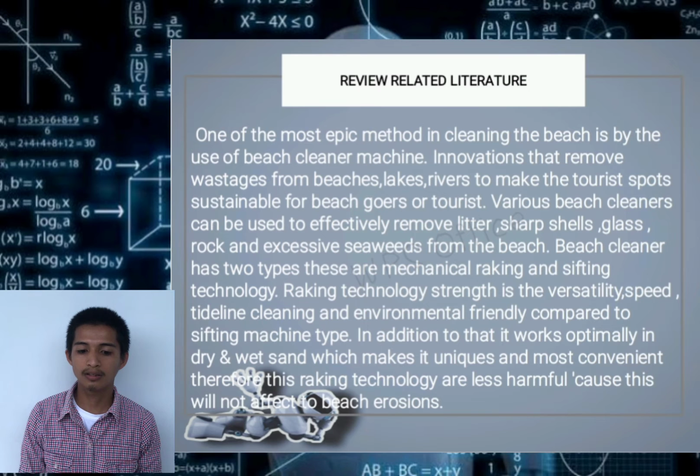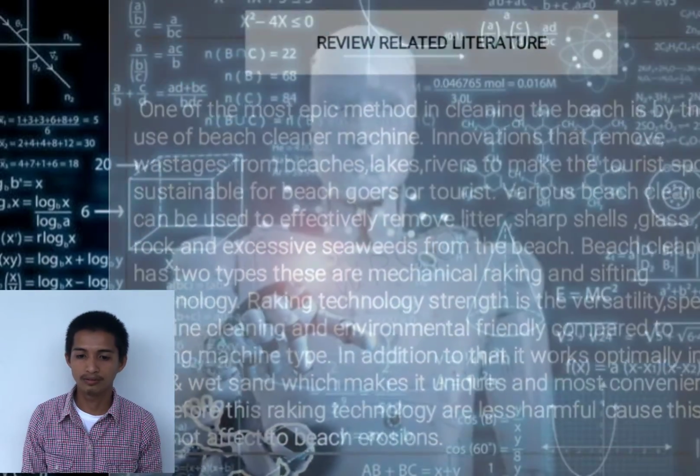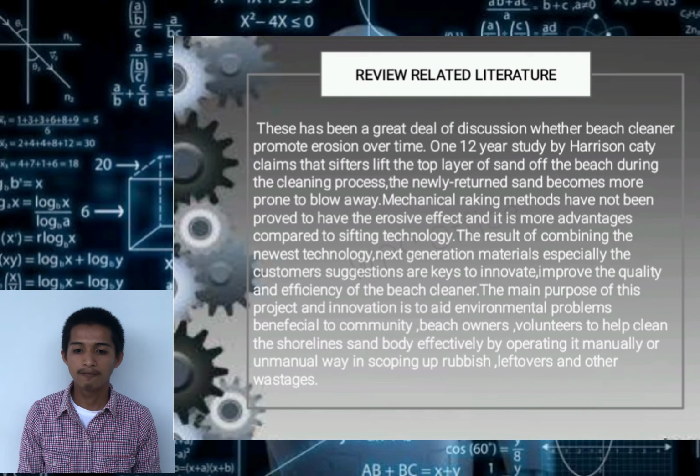Therefore, raking technology is less harmful because it will not affect beach erosion. The main purpose of this project and innovation is to aid environmental problems, beneficial to community beach owners and volunteers, to help clean the shoreline sand effectively by operating it manually or in an unmanual way in scooping up rubbish, leftovers, and other wastage.